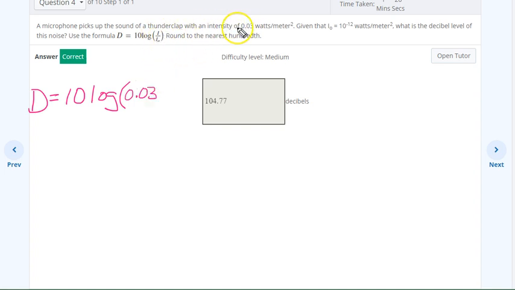That's the I part here. And then you're going to go divided by, without any kind of space or anything, and you're going to put 10, and then the negative, not the minus, but that negative 12, and then complete the parenthesis, and then hit enter.